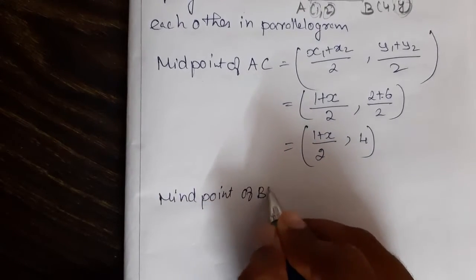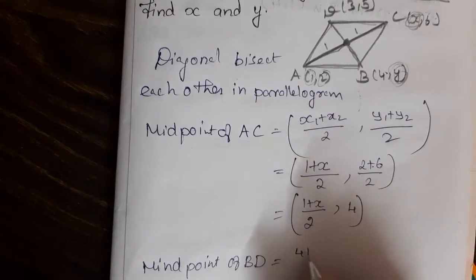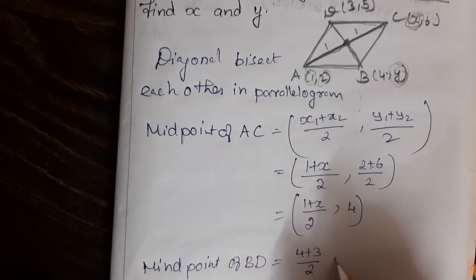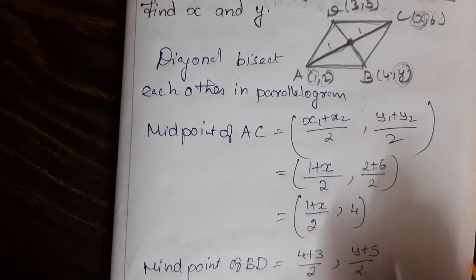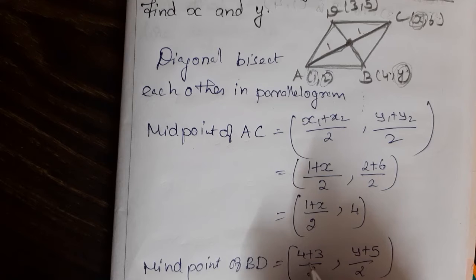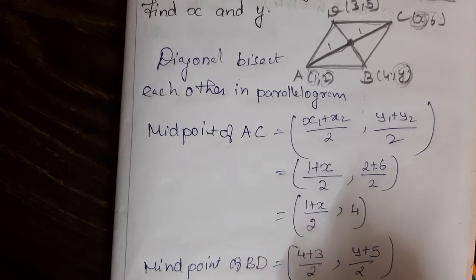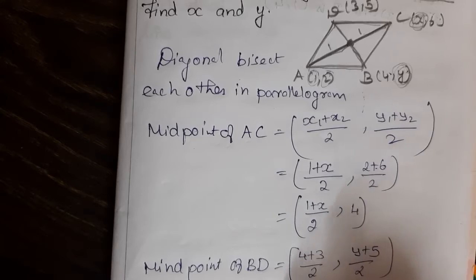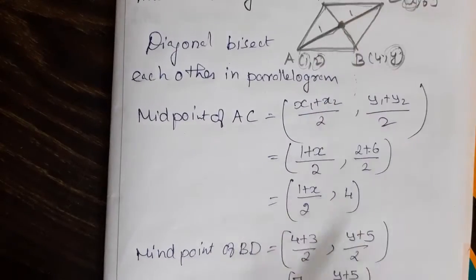The midpoint of BD is also the same: 4 plus 3 by 2, comma y plus 5 by 2. 4 plus 3 is 7, so it's 7 by 2, comma y plus 5 by 2, right? Both the midpoints are the same, right?